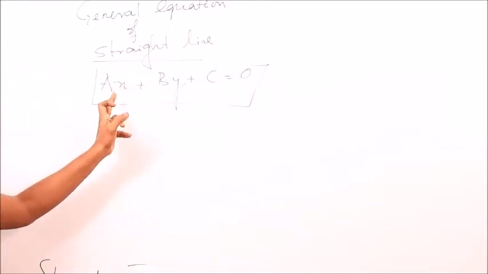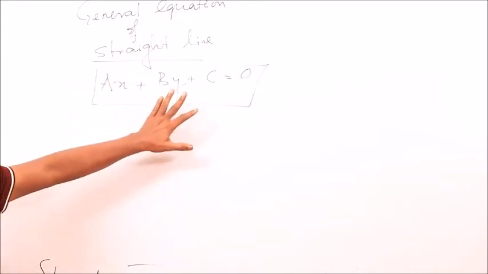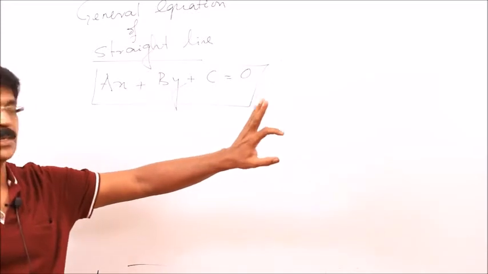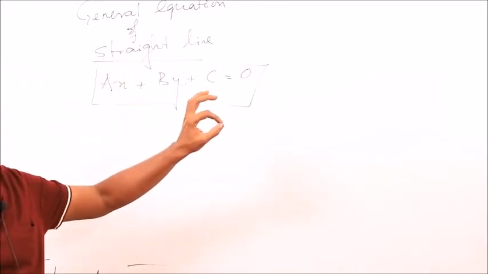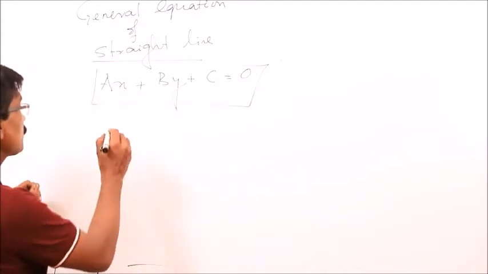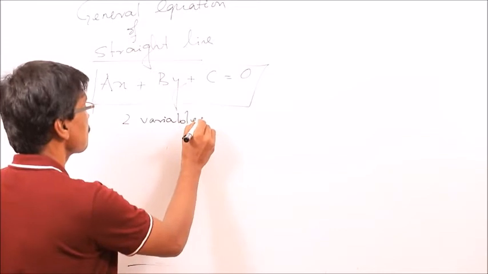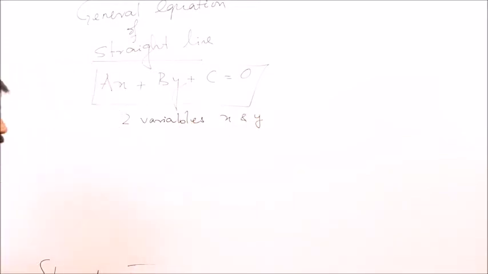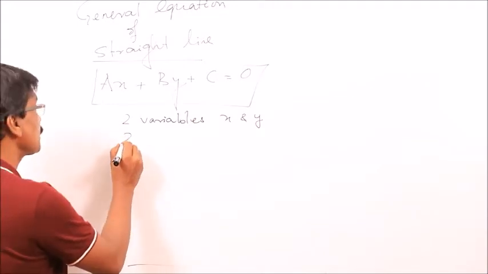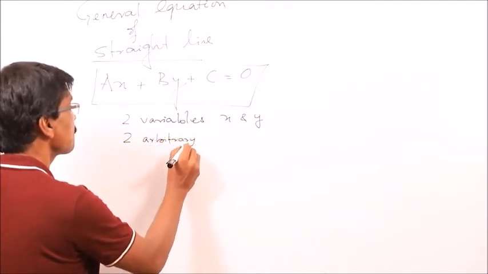So this equation is a linear equation having x and y of degree 1. So how many constants are there? Here you have two variables, x and y, but it has two arbitrary constants.